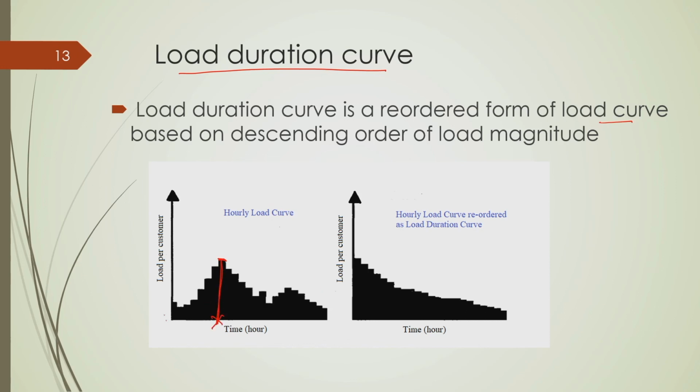Now, if you sort the same load demand data and plot it in descending order, the area under the curve will be the same, but the timing will not reflect the actual time of consumption. This is called the load duration curve, and it is drawn in order to have a better calculation of the area under the curve.